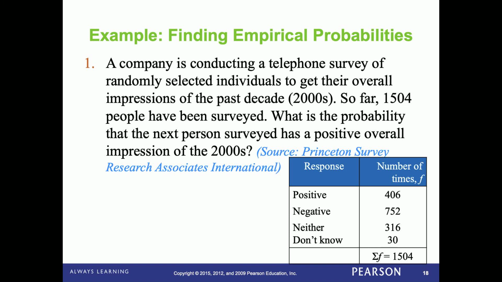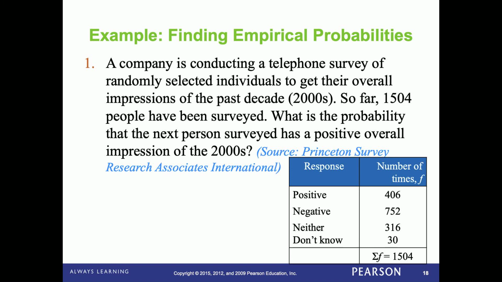All right, here's an example. A company is conducting a telephone survey of randomly selected individuals to get their overall impressions of the past decade, of the 2000s. So far, 1,504 people have been surveyed. That's our sample size. What is the probability that the next person surveyed has a positive overall impression of the 2000s? So we look at the outcomes of each: positive, negative, neither, don't know. The frequency of the positive is 406.